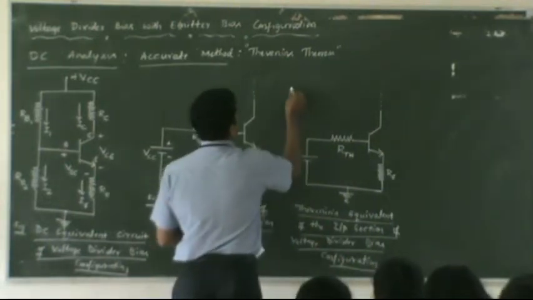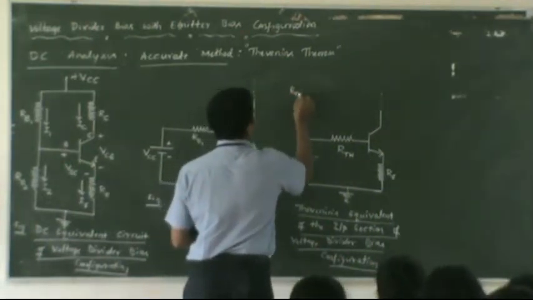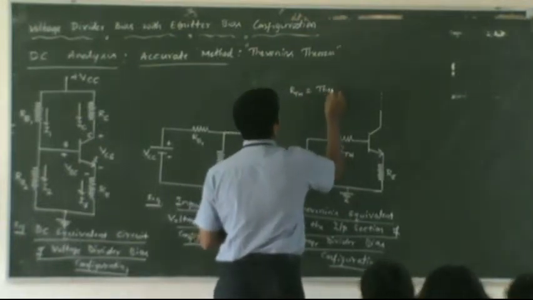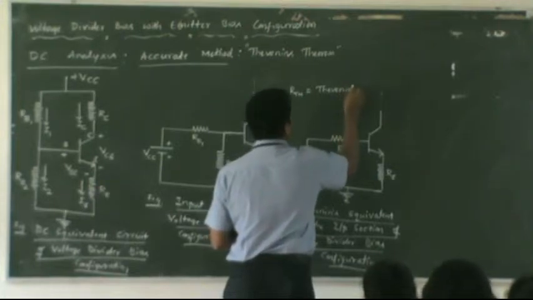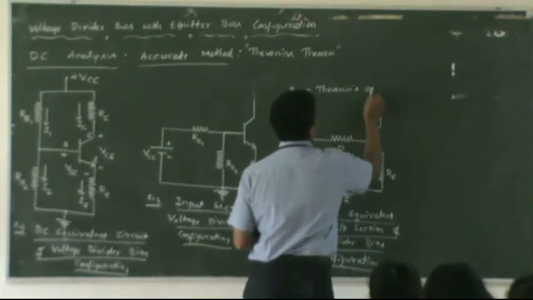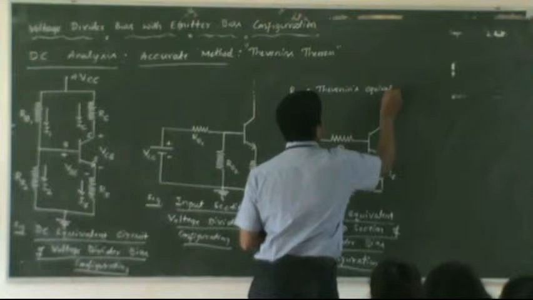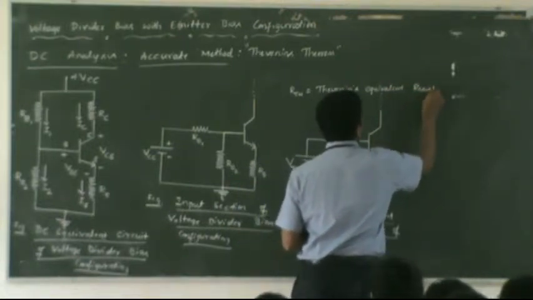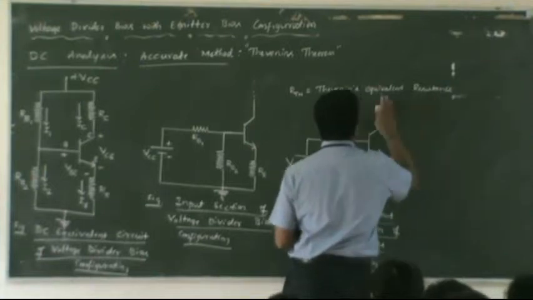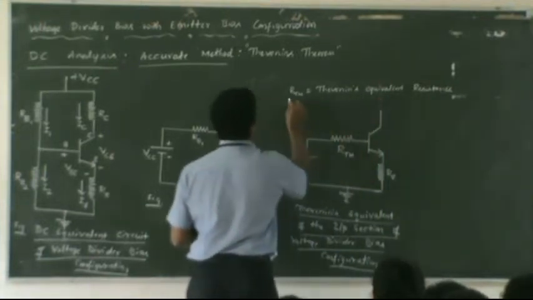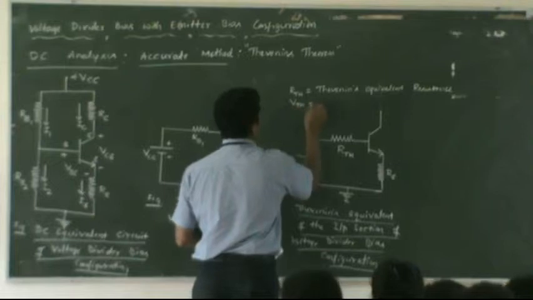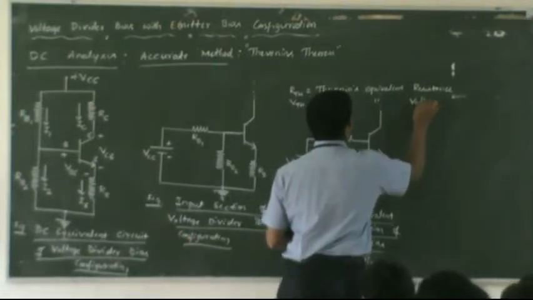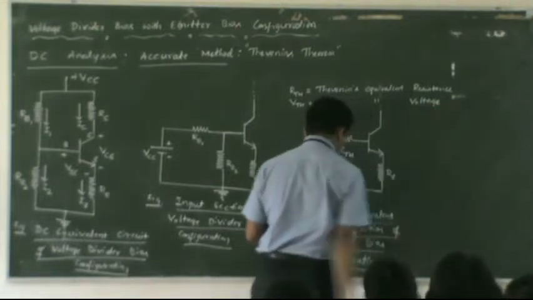We will write here what this R Thevenin represents. R Thevenin is Thevenin's equivalent resistance. Similarly, V Thevenin represents Thevenin's equivalent voltage.